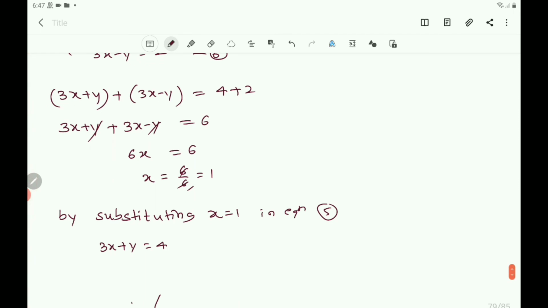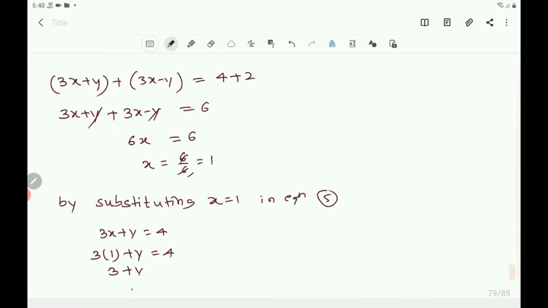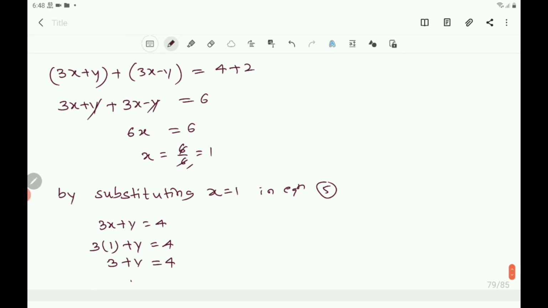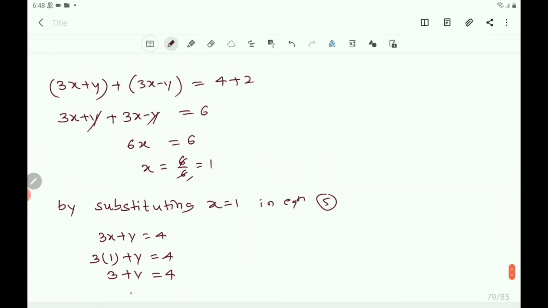X value is here, that is 3 into 1 plus y is equals to 4. Then here 3 plus y is equals to 4 it is. Therefore you can take y is equals to 4 minus 3 is equals to 1. Therefore you got x equals 1 and y equals 1. In this way you got the solution for the given pair of equations in two variables here.